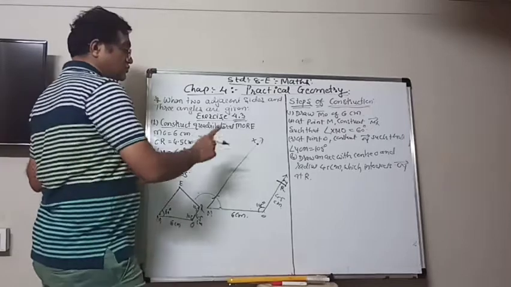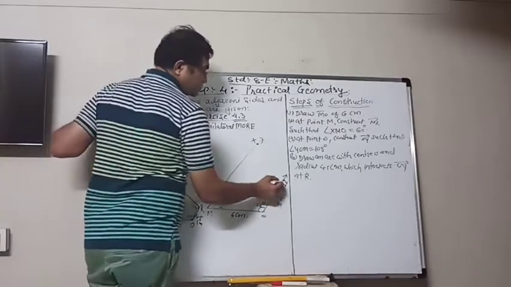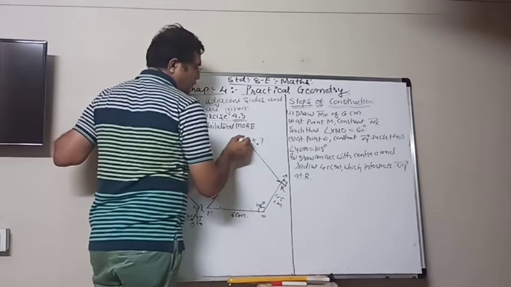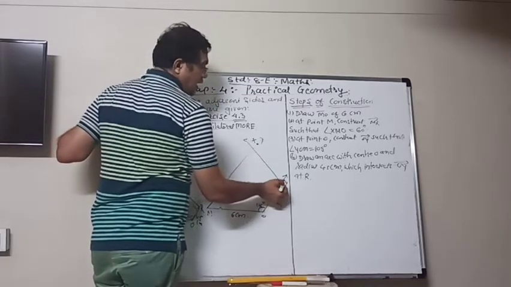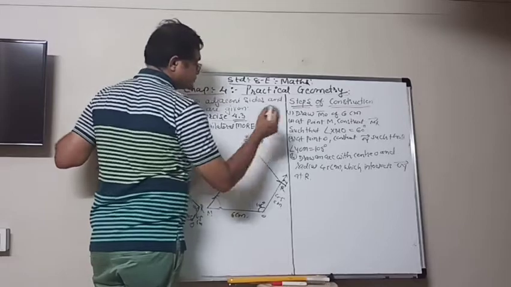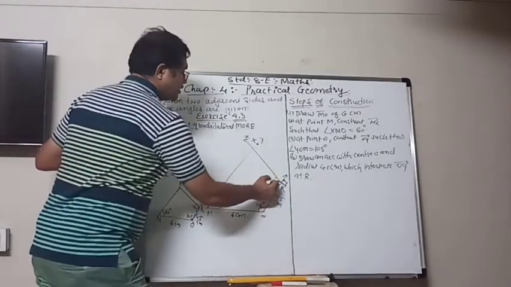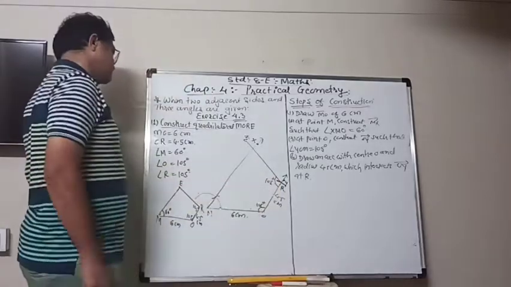105 degrees. So again you have to put the protractor on this point R and draw, say, RZ. So here also for your 105 degrees you can use your protractor.